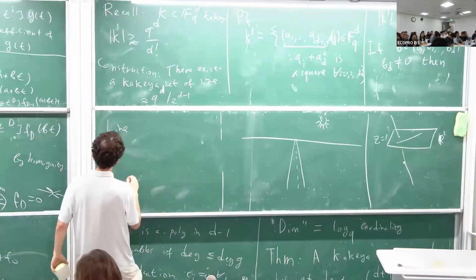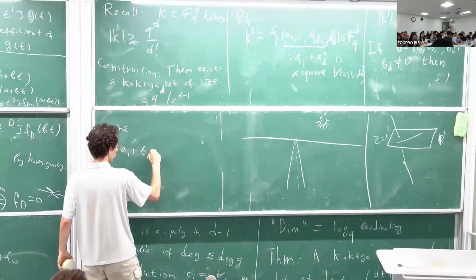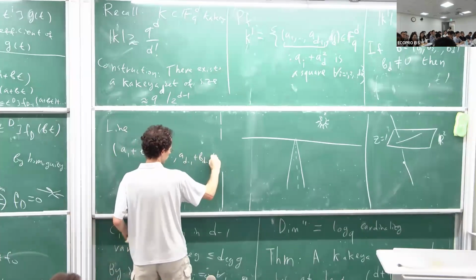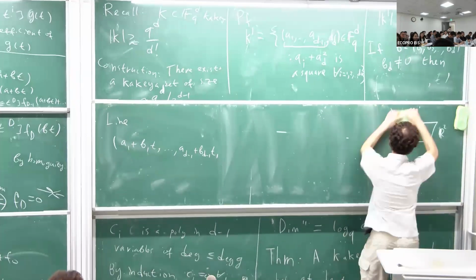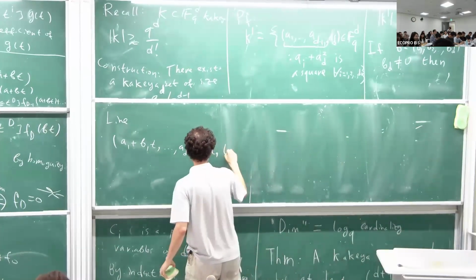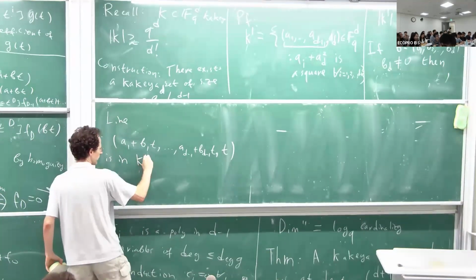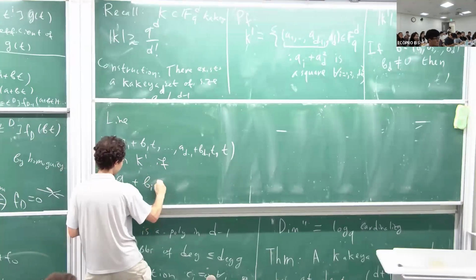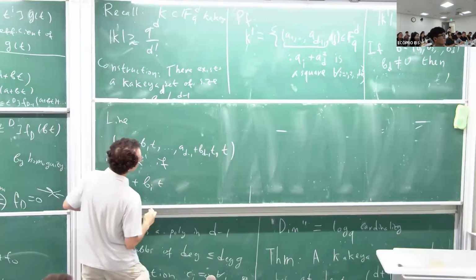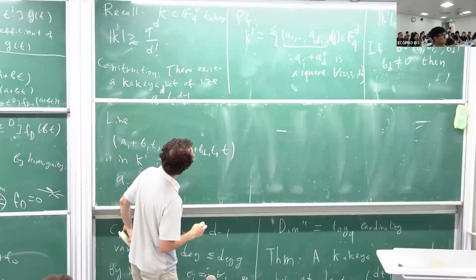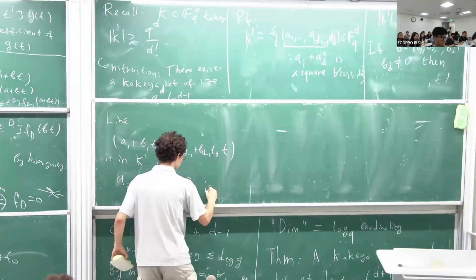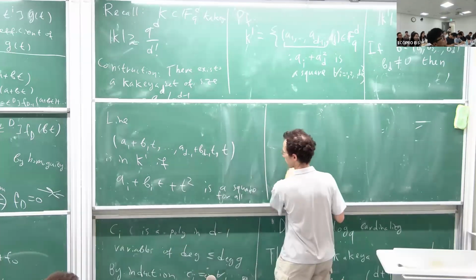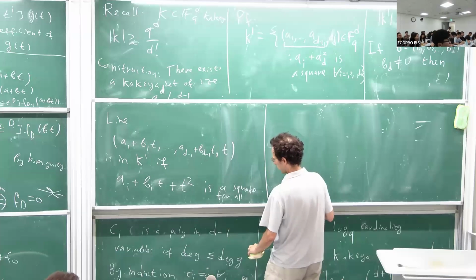A line in direction b: (a_1 + b_1 t, ..., a_{d-1} + b_{d-1} t, c) is in K prime if a_i plus b_i t plus c squared is a square for all t.